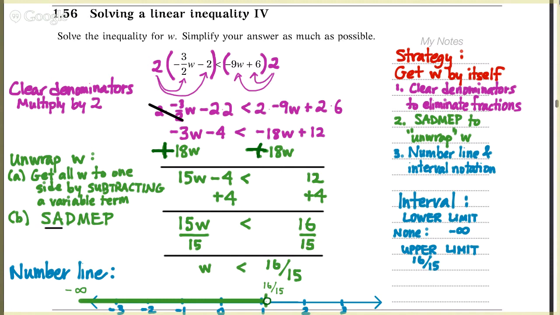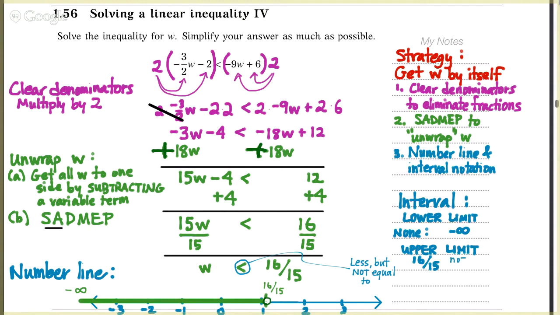The second 2 pieces are to communicate whether or not these limits are actually a part of the solution or not. In the case of negative infinity, certainly infinities are never going to be a part of our solution. 16 over 15, on the other hand, as we've said, should not be included in our solution because the inequality itself is a less than and not an equal to inequality. In other words, if I try to put 16 over 15 in here for W, I'm going to get something which is false. 16/15 is less than 16/15.